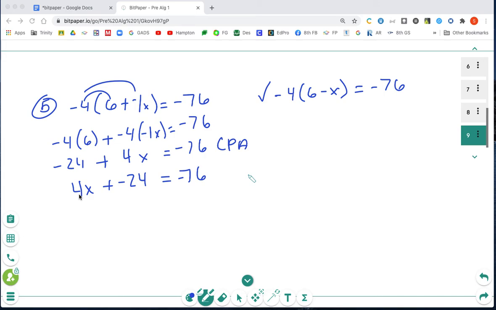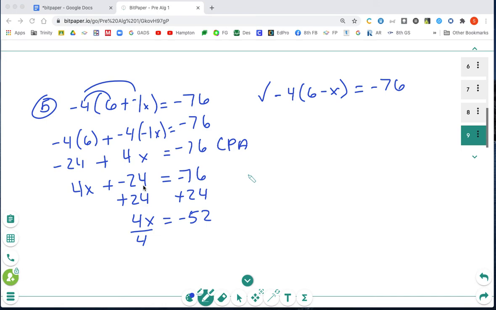Yes, he is. Is he alone? No, he's not. So I'm going to zero pair the 24. Four x is equal to negative 52.